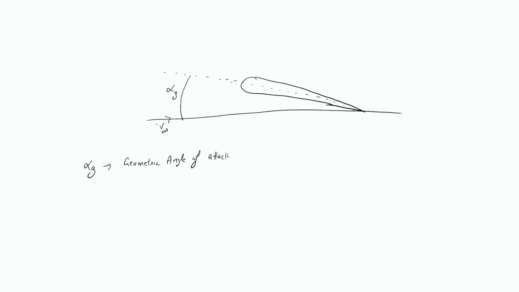Previously V infinity was in this direction, but now because of the downward component of velocity, your local flow will be in this direction. This is the local flow, or local relative wind. And this has been reduced by an angle, that is the induced angle of attack.